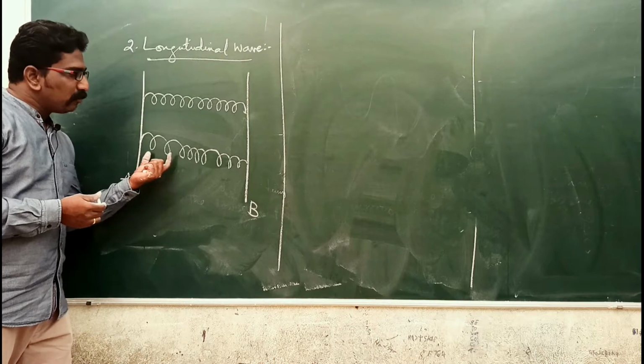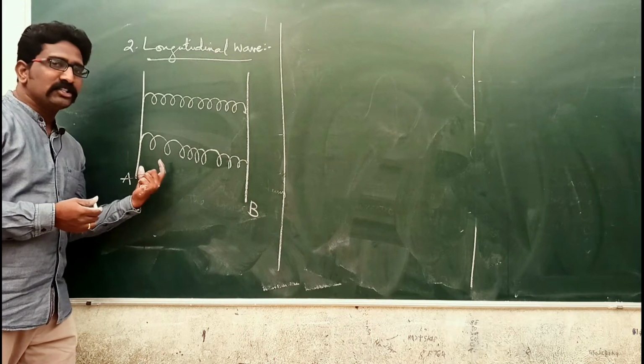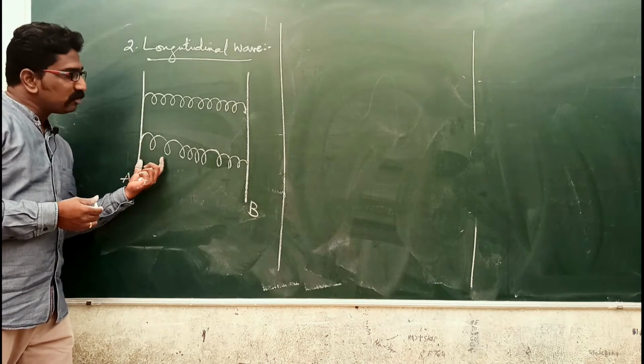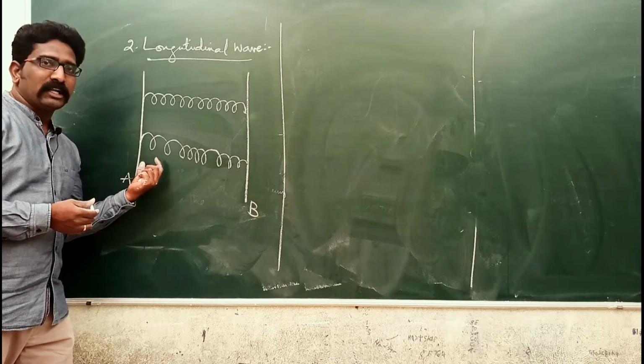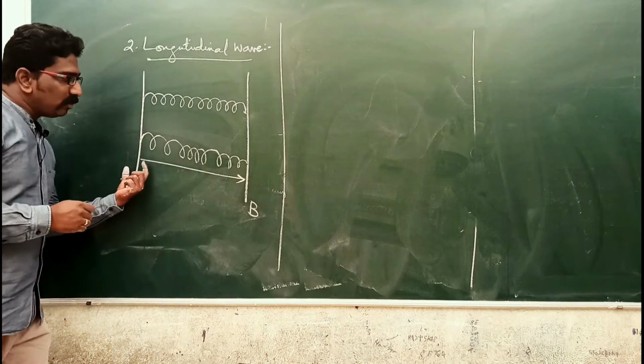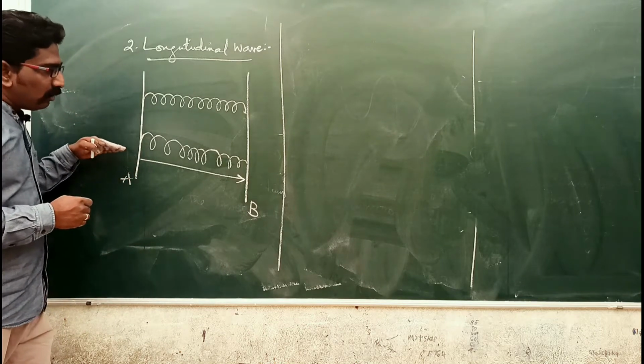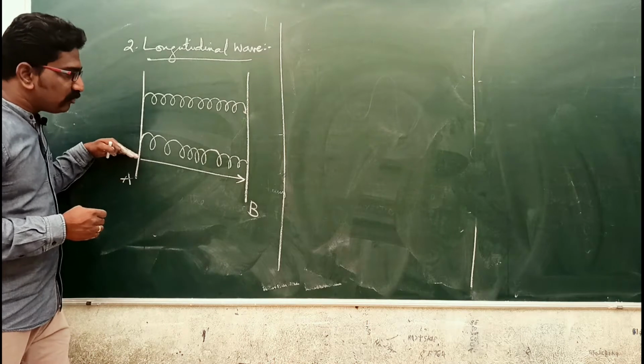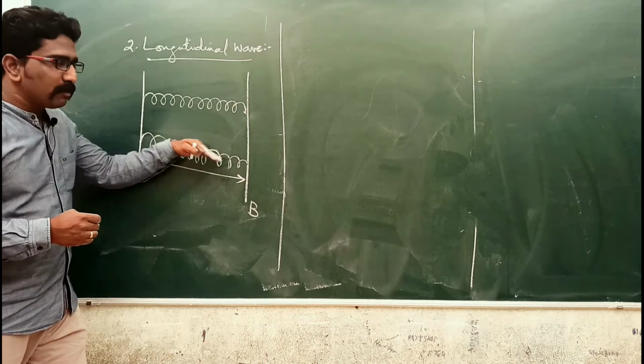How does this motion of the coils in the spring take place? You are operating the spring in this direction, and in the same direction the coils of the spring are being operated.